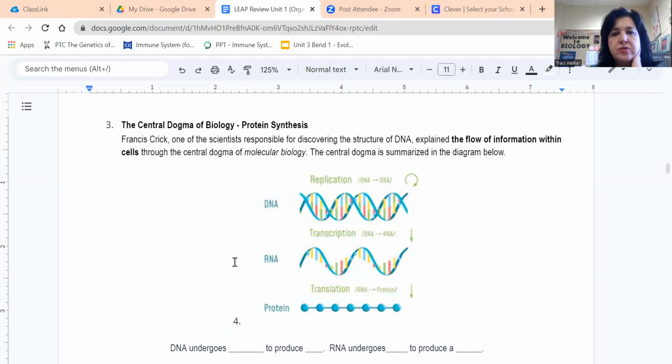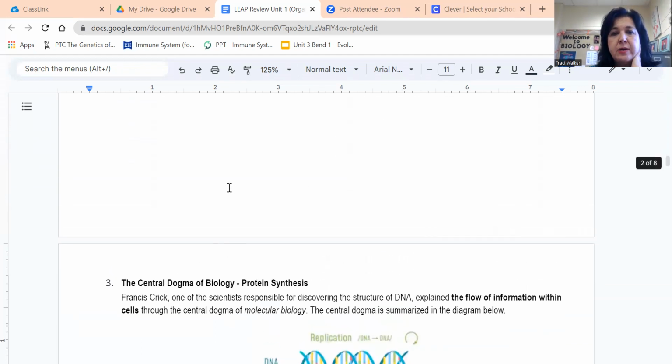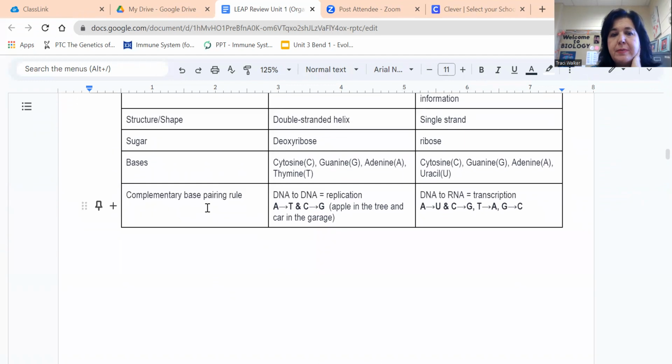And you remember yesterday we talked about the base pairing rule, the complementary base pairing rule. So when DNA replicates itself, there is a base pairing rule that is in effect. And so anywhere on the original DNA strand where there is an A, which stands for adenine, it is going to be paired with a T that stands for thymine.